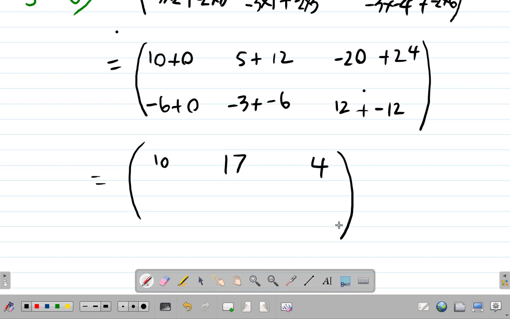Then negative 6 plus 0 is negative 6. Negative 3 minus 6 is negative 9. Positive 12 plus negative 12 is 12 minus 12. That's 0. So that is what you get here.